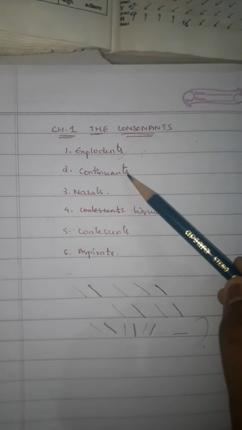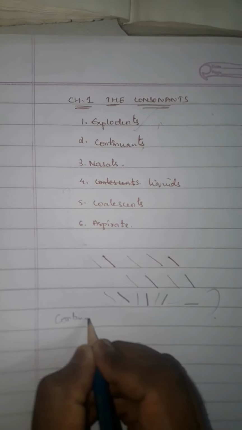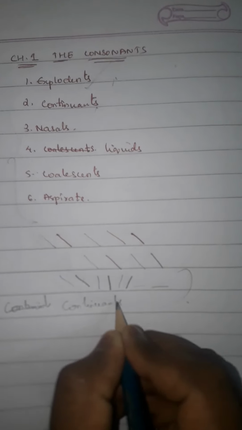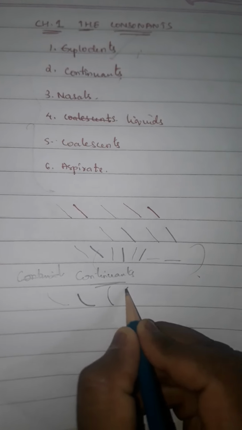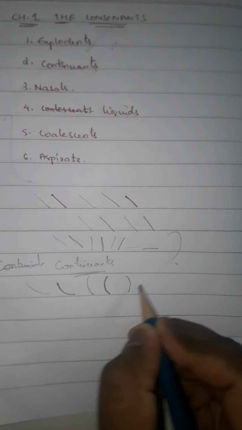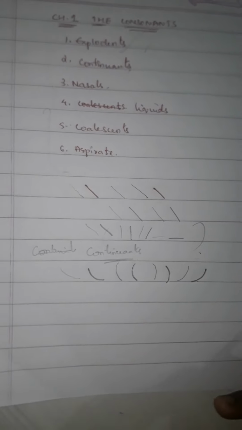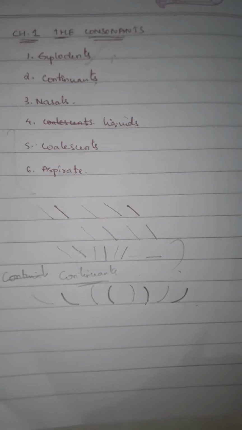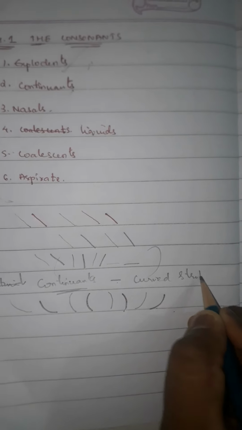Now we will move to continuants. In this we again have 8 types of strokes: F, V, ith, the, S, G, ish, Z. These are another 8 strokes in the continuants, and these are called curved strokes.